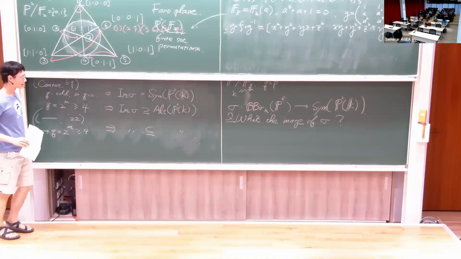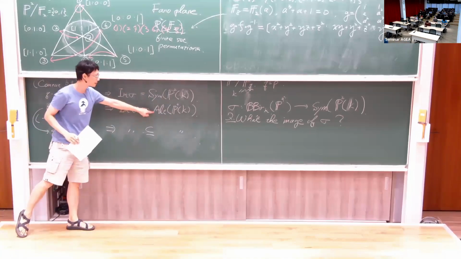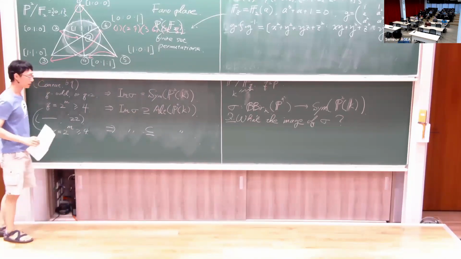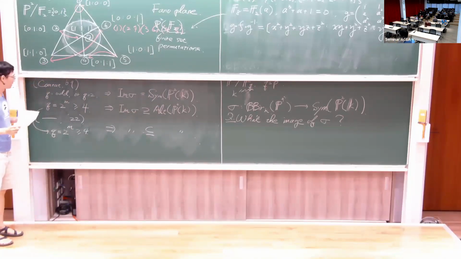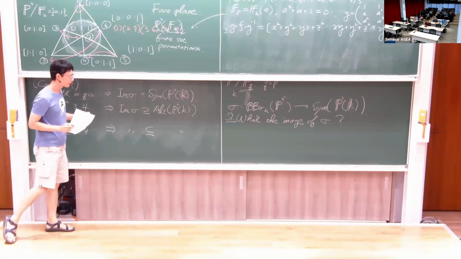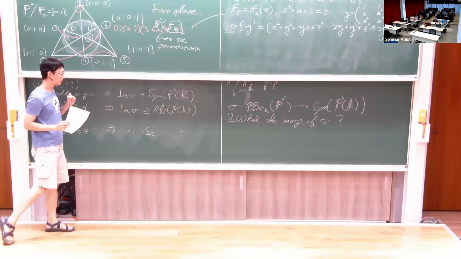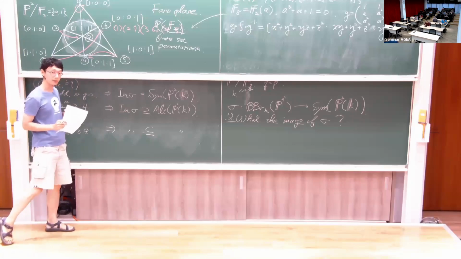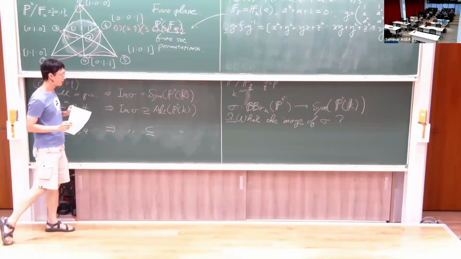Here the alternating subgroup means the permutations on rational points which are even, and our result tells you that you can only realize even permutations using bijective birational automorphisms. You cannot realize odd permutations.